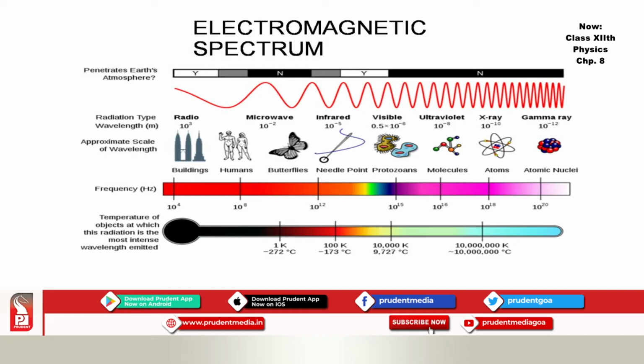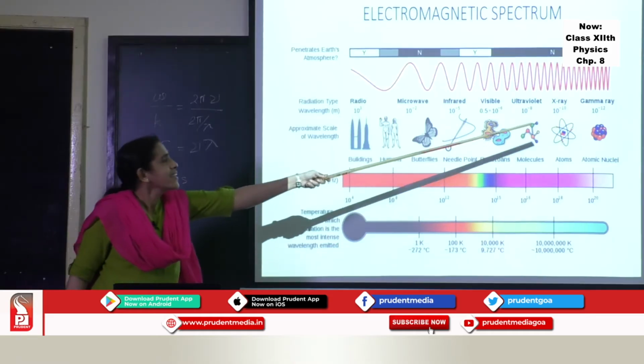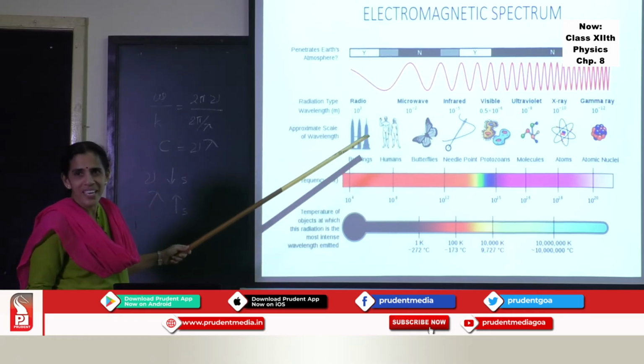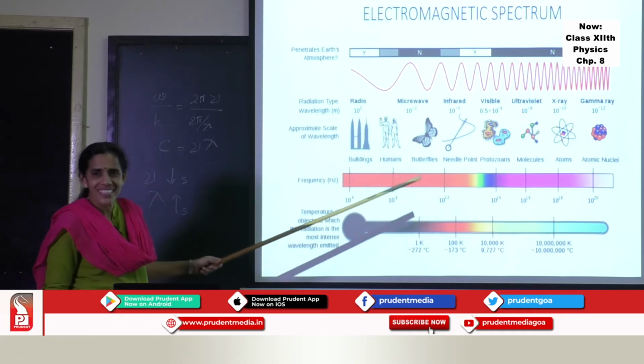Now, this is another interesting figure. You don't have to learn these numbers by heart, but I thought it will be nice to put here. Look there. From gamma ray to radio waves, see what is happening to the wavelength.